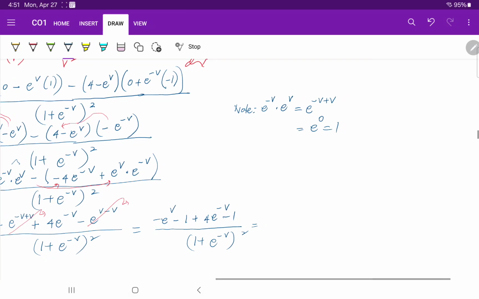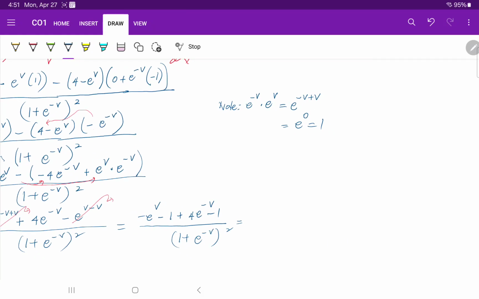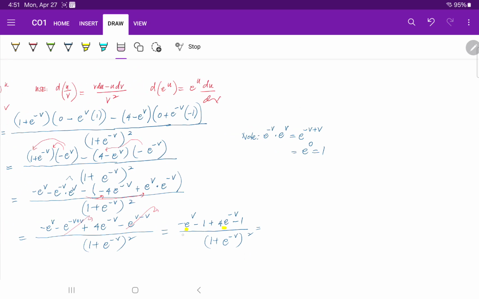And if you simplify, we say that these two are similar terms. No, they are not, because the exponent of the first e is positive. We have to remove the yellow. Okay.